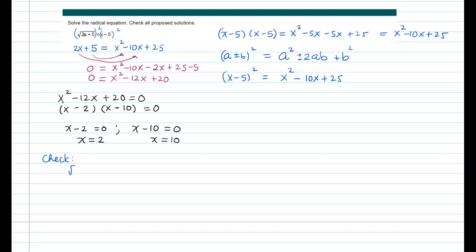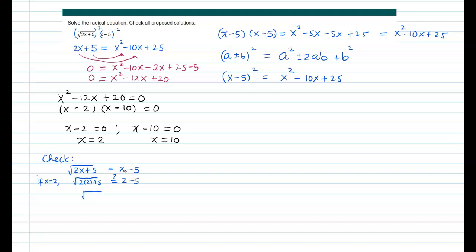So in this case, we would need to use the square root of 2x plus 5 equal to x minus 5. And what you would do is plug in the value of x here to the original equation. So you would say if x is equal to 2, then the expression will be the square root of 2 times 2 plus 5, and is that equal to 2 minus 5?